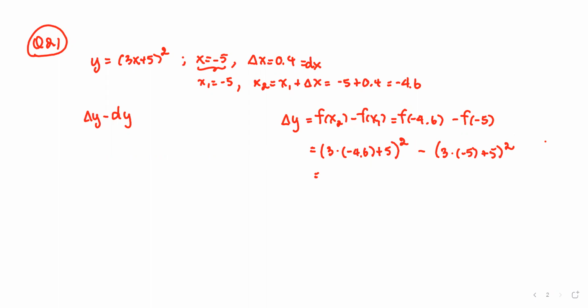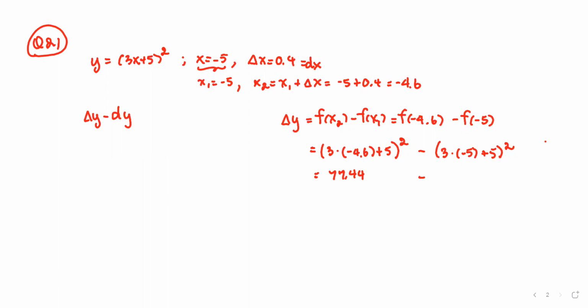All right, what do you get for the function at negative 4.6? I get 77.44. Okay, so we get 77.44, and then subtracted by the other number.